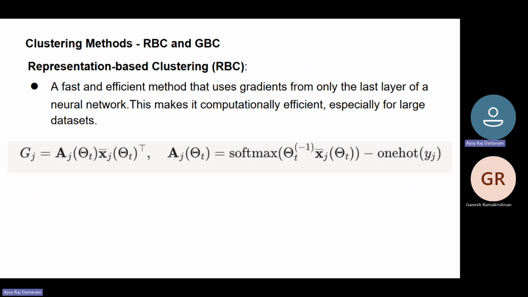And Aj(theta t) is a term derived from the last layer output adjusted by the true label, and xj(theta t) is the feature representation of sample j at the last layer influenced by the model parameter theta t.